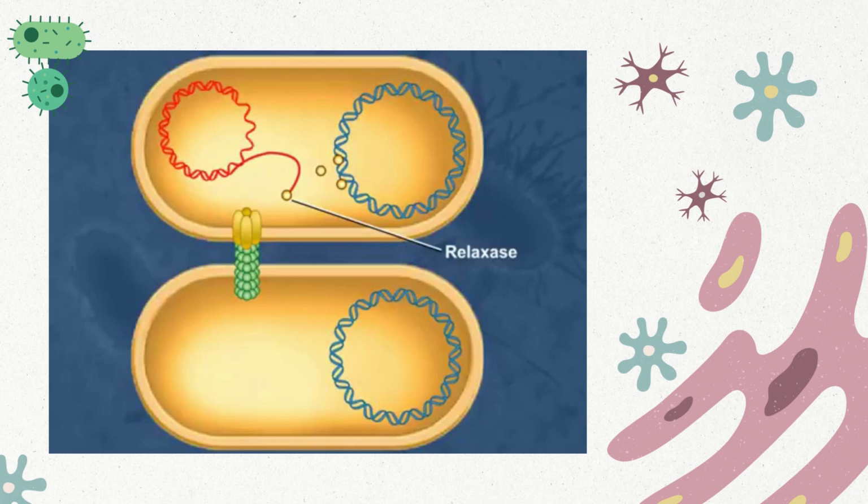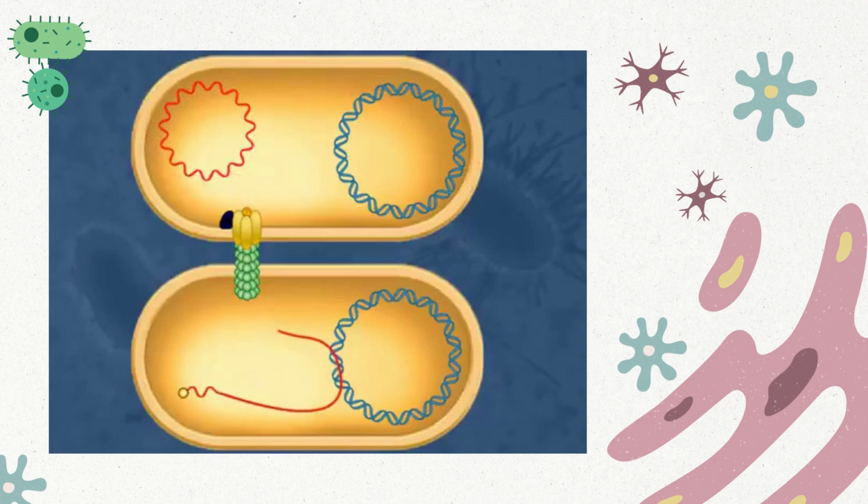This tDNA relaxase complex is recognized by a coupling factor and transferred to the exporter, a complex in the F+ cell that is contiguous with the pilus. The exporter pumps the tDNA relaxase complex into the recipient cell. Once the entire tDNA molecule is transferred to the recipient cell, relaxase joins the ends to make a circular DNA molecule. As the tDNA is transferred to the recipient cell, it is replicated to become double-stranded.